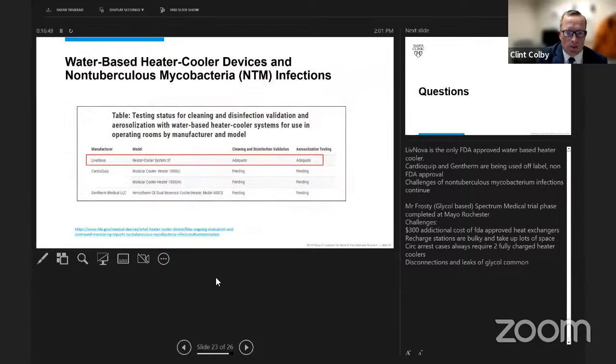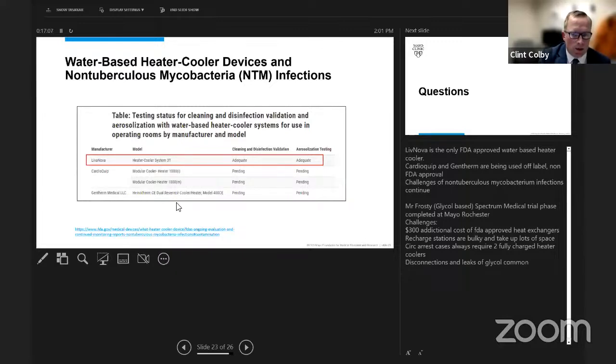Another challenge facing temperature management, as I'm sure you know, and I just would like to highlight, at least here in the United States, LivaNova 3T heater coolers are the only FDA approved heater coolers. Everything else is off label.